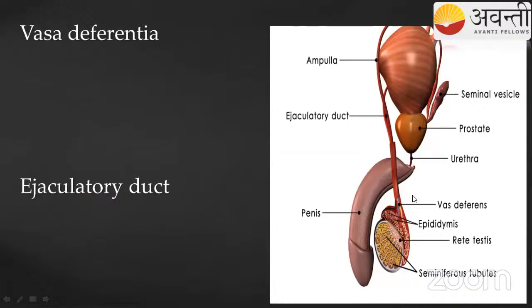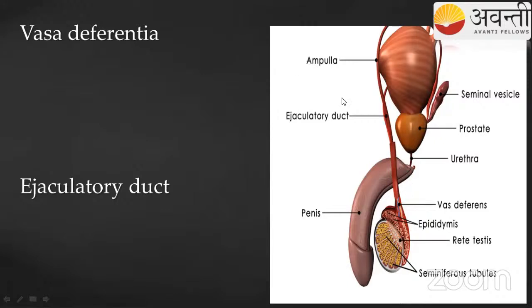Coming to the next, the Vasa deferentia. The Vasa deferentia is a tube-like structure. You can see here, this is the Vasa deferens. This tube-like structure is useful to transport sperm cells up to the ejaculatory gland, carrying the sperm along with it. It starts from the cauda, and there are 2 in number.